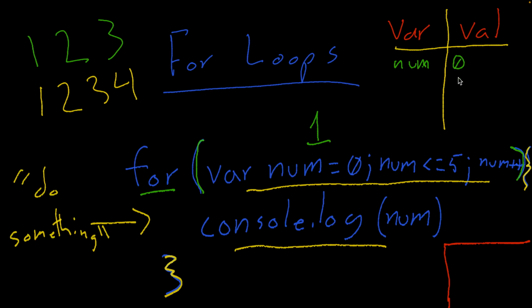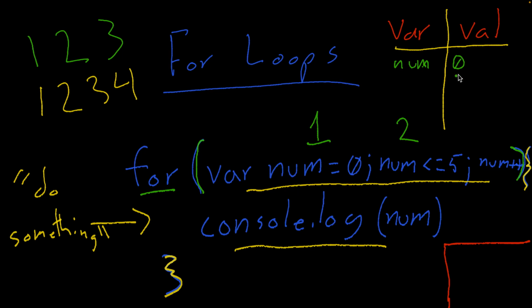Now, the next step. Once we know this starts with 0, the next thing we want to do is read this here: while num is less than or equal to 5. So this is step 2. Is num less than or equal to 5?